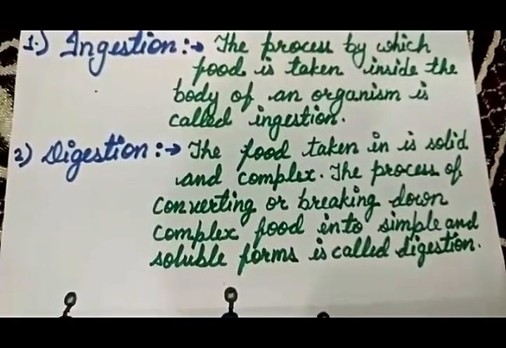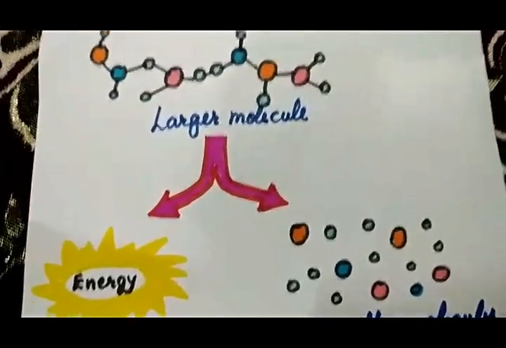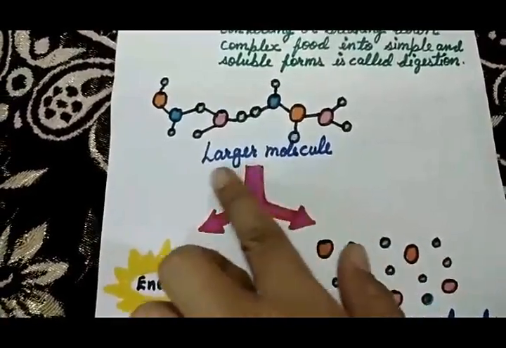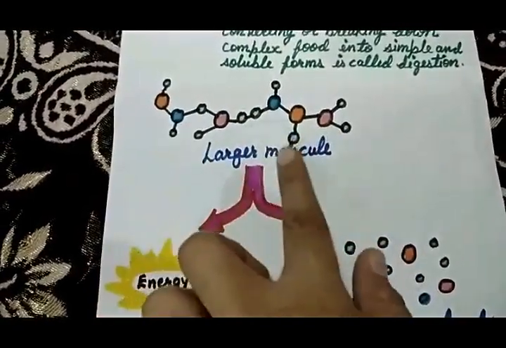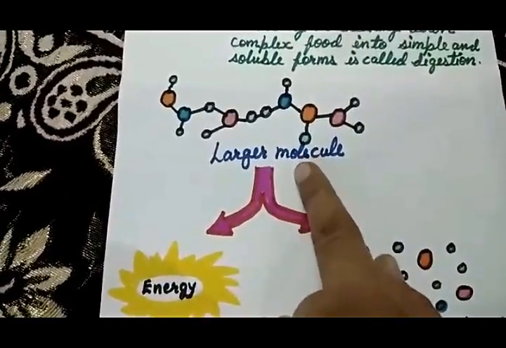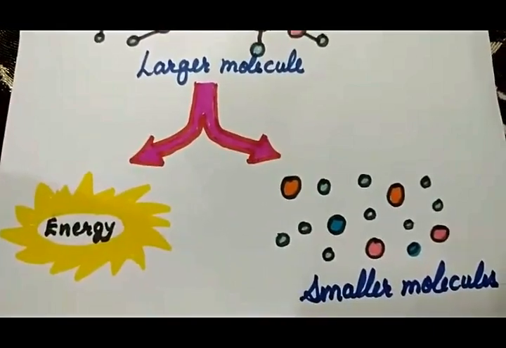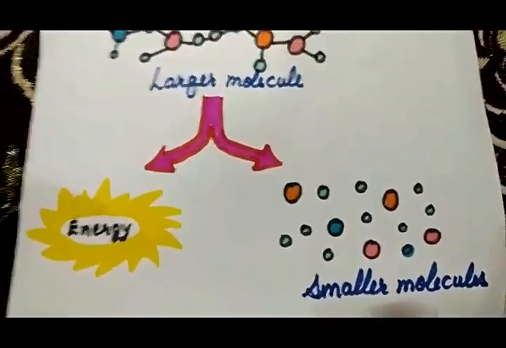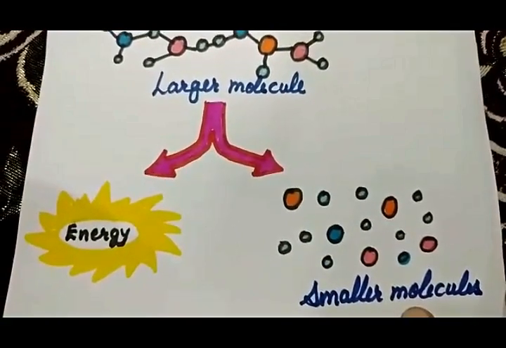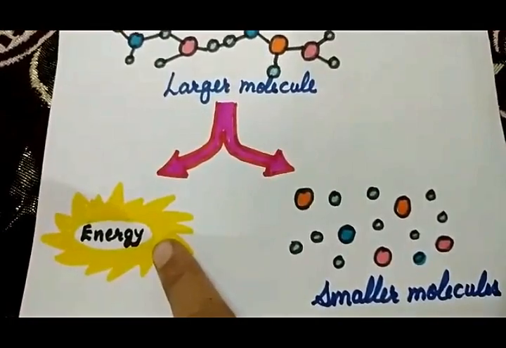Digestion is very simple. Just see here. It is a larger molecule. For example, it can be carbohydrate, it can be fat, it can be protein. In the process of digestion, these larger molecules break down into smaller molecules, and it gives us energy also to do our work.